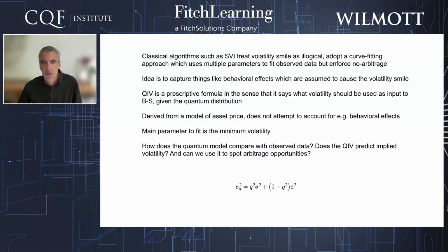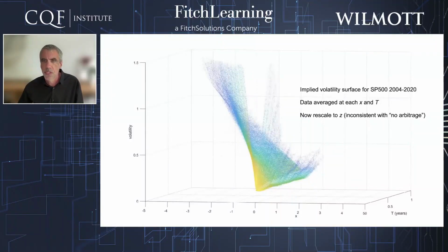So how does this compare with observed data? Does it predict implied volatility, and can we use it to spot arbitrage opportunities? Well, here's an implied volatility surface for the S&P 500 over about 17 years of data. Here, data is averaged at each X and T, where X is log price change, log moneyness.